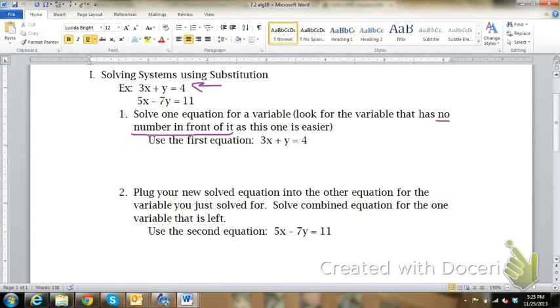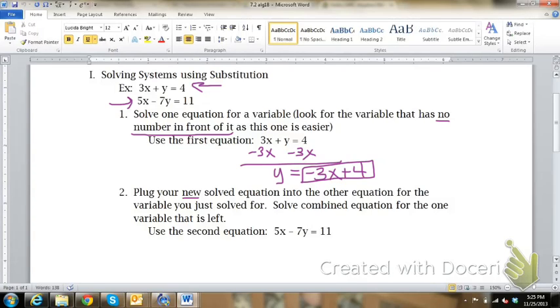So I'm going to get the y by itself. So to move a 3x, I'm going to minus 3x. And I'm going to get y equals negative 3x plus 4. I'm going to take my new equation, negative 3x plus 4, and I'm going to substitute it, that's why it's called this method, into the other equation that I haven't used yet.